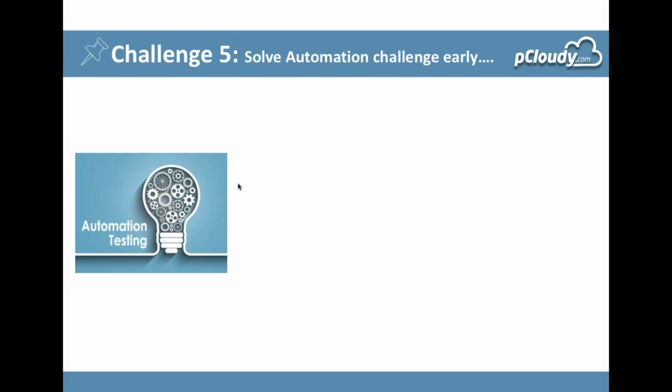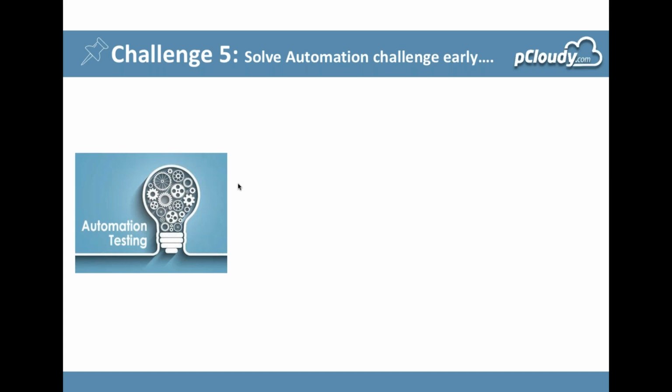So this way you can increase the parameters of testing by including functional and non-functional aspects of testing along with the different network parameters. Now we are coming to the next aspect of mobile app testing challenge, automation.